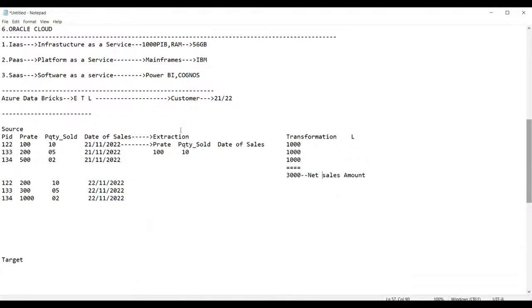So this you are doing under the process of transformation. Now, it is done for the 21st day. What about the 22nd day? Help me out in this.